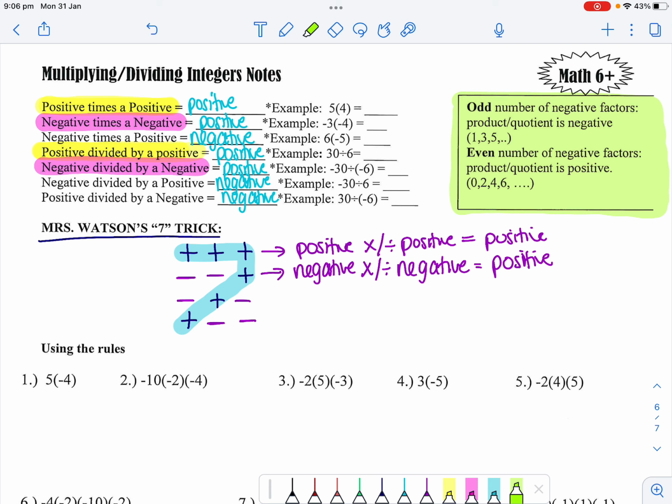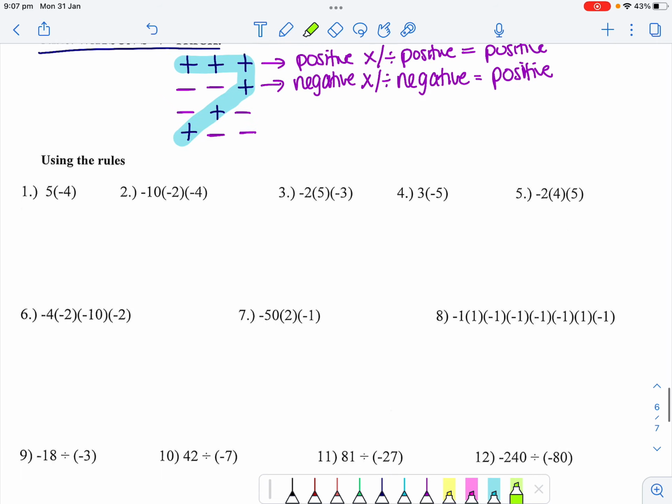If you have an even number of negative factors, so if you multiply a negative times a negative, or there's 4 negatives, or there's 6 negatives, that quotient or product is going to come out positive. So there's a couple examples down here where you're multiplying or dividing more than 2 factors. And we will be able to decide the sign of those things based on how many factors there are of what kind of sign.